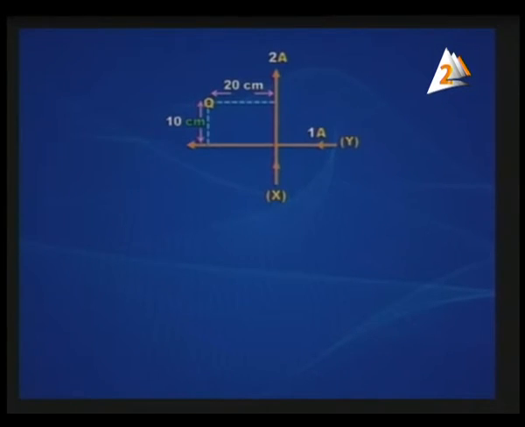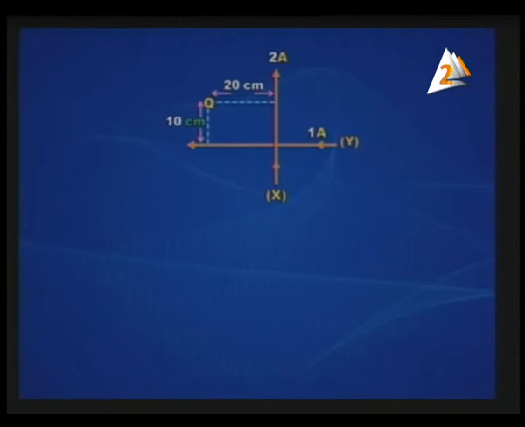And now we've got a problem. We've got two long wires placed mutually perpendicular. One wire, which is X, carries a current of 2 amperes. The other wire, which is Y, carries a current of 1 ampere.